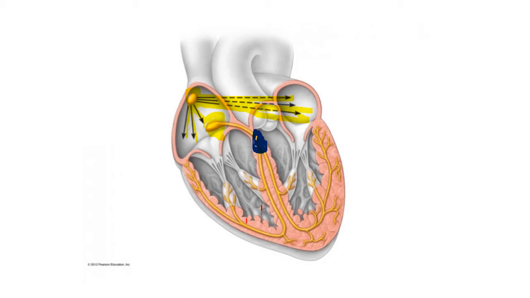Now we have right here, we have the left posterior fascicle, and then you have the right posterior fascicle, again because it branches off. Well, after it's branching off, then the impulse and the signal is going to go all the way down. And there are these fibers that are going to come off of these left and right branches.